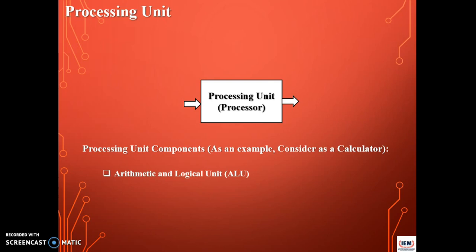Next comes the data and address buses with a memory element, like internal registers, for storing and moving the data internally. And lastly, the most crucial component is the timing and control unit for controlling the steps of the calculation we want. So the processor has three major components: the ALU, the data and address buses with the memory element, and the timing control unit.